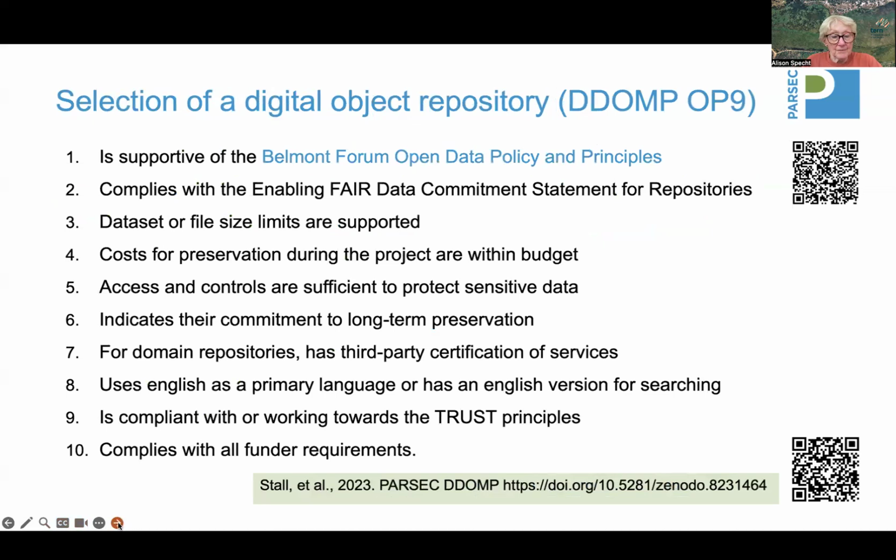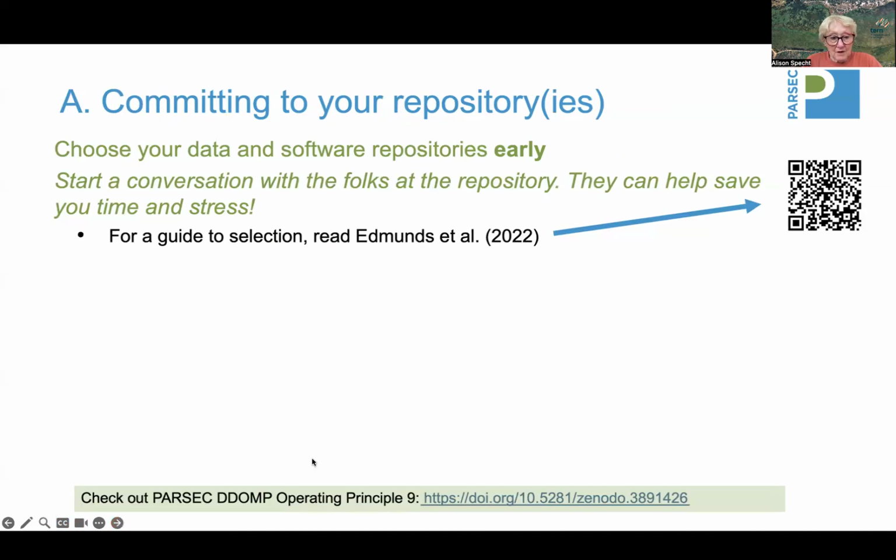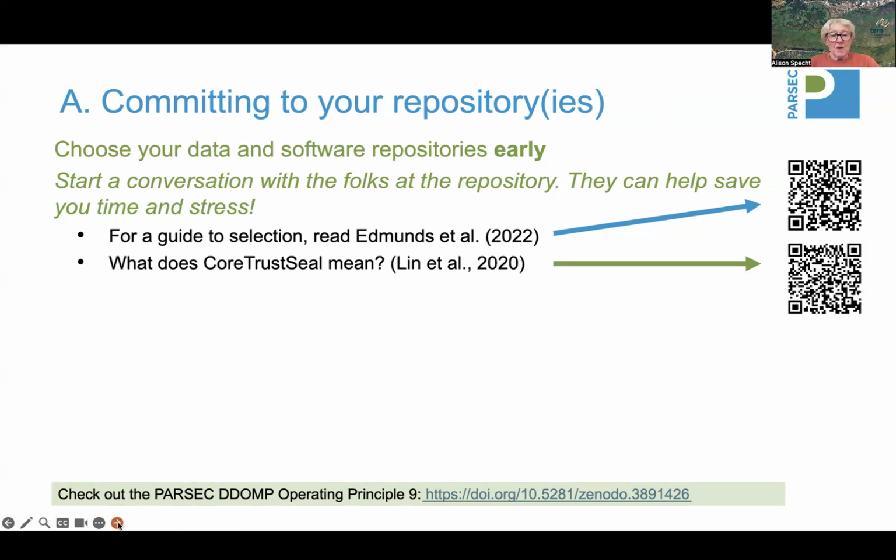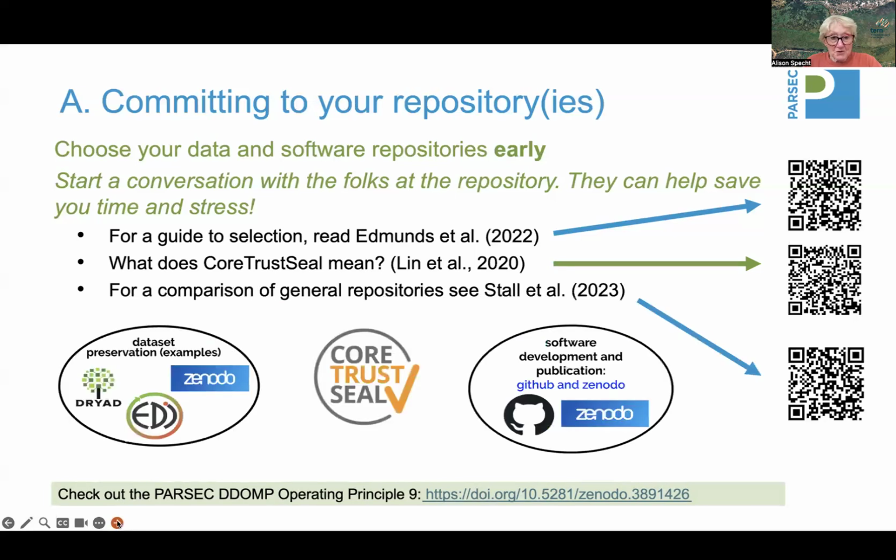Here it is, sorry. For a guide for that, then we'll go to the next one. Just make sure you know what Core Trust Seal means. So have a look at Lin et al. again. You could have a look at the Core Trust Seal repositories, Google it. And as mentioned before, for a comparison of general repositories, see Stall et al.